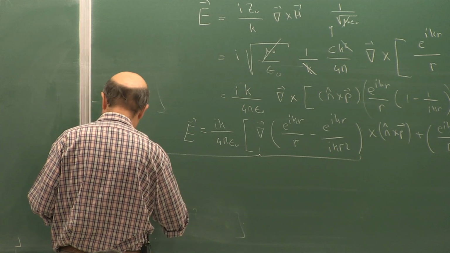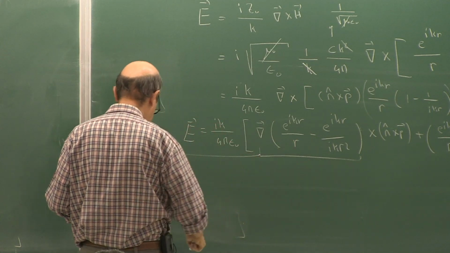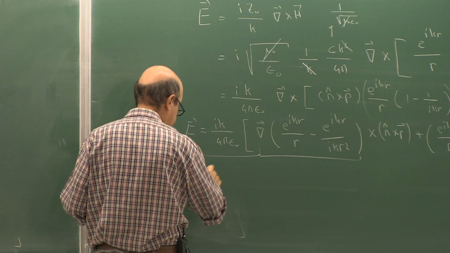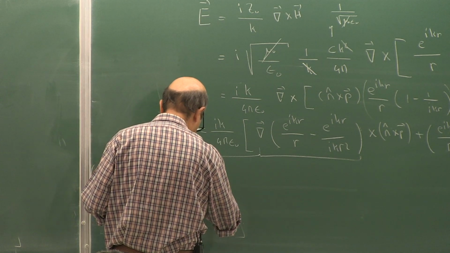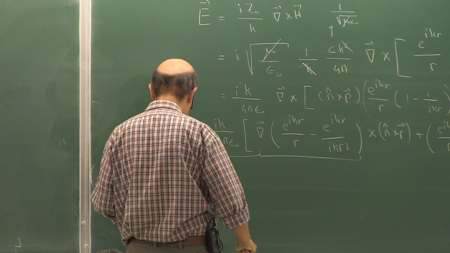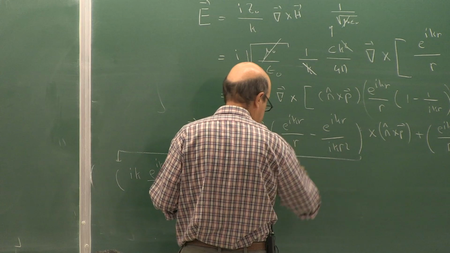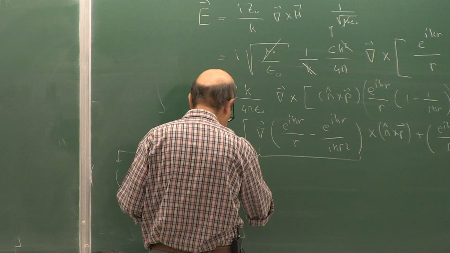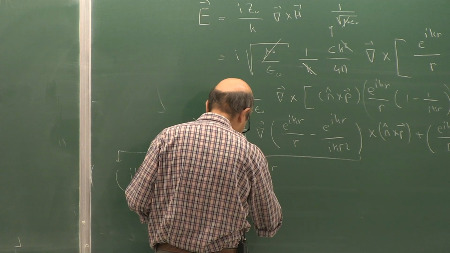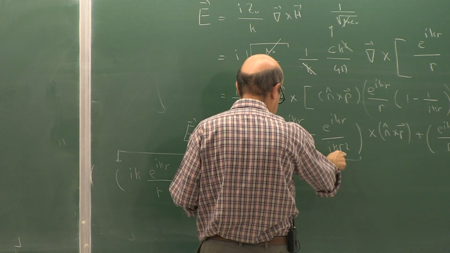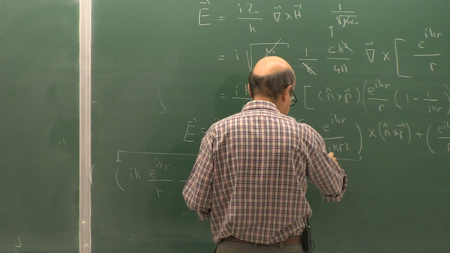ikr over r. The second derivative with respect to the second one will be minus 1 over r squared e to the ikr over r squared, that will be the second term, minus the above term, this one, the exponential brings ik down, ik times e to the ikr over ikr squared, and the below term will make what?